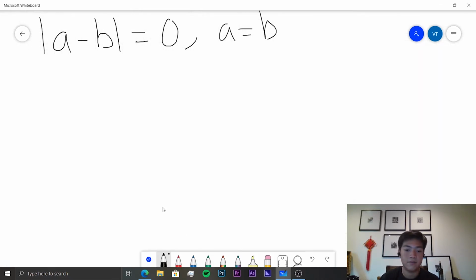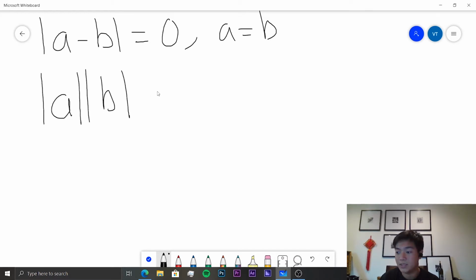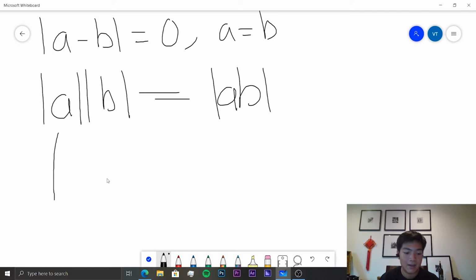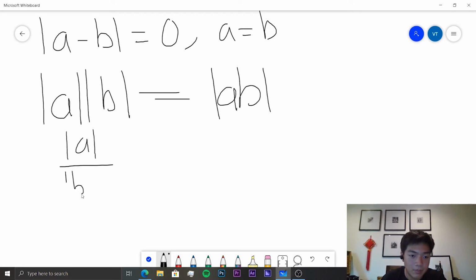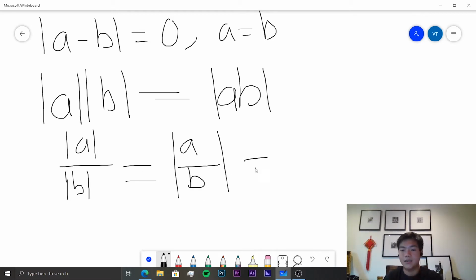So if you multiply the absolute values of two numbers, it's also equal to the absolute value of the numbers multiplied together. And it's the same thing for division. So if you divide the absolute values of two numbers, it's equal to the absolute value of the quotient of the two numbers, as long as, of course, b is not equal to 0.